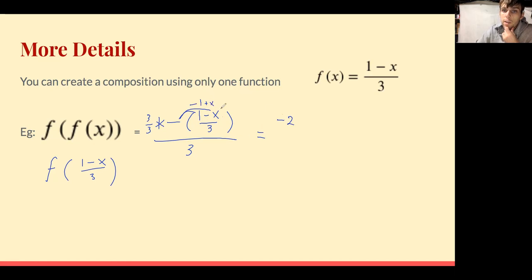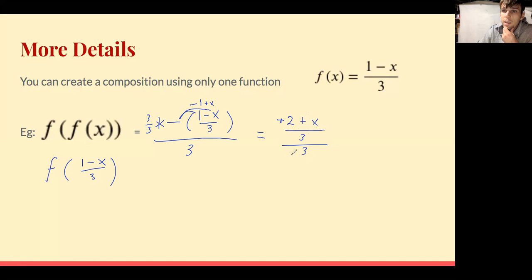So 3 minus 1, that's where I would actually get that as a positive 1. That was my mistake. And then plus x over 3, all over 3. This is a complex fraction.